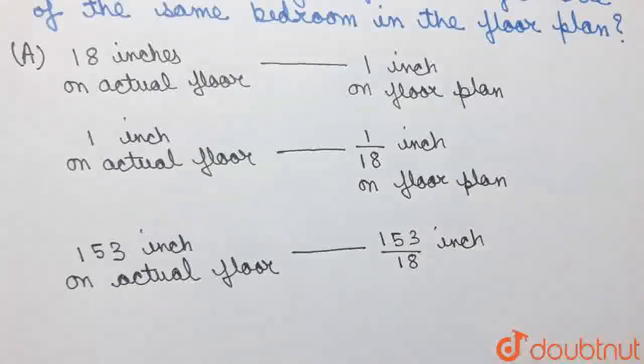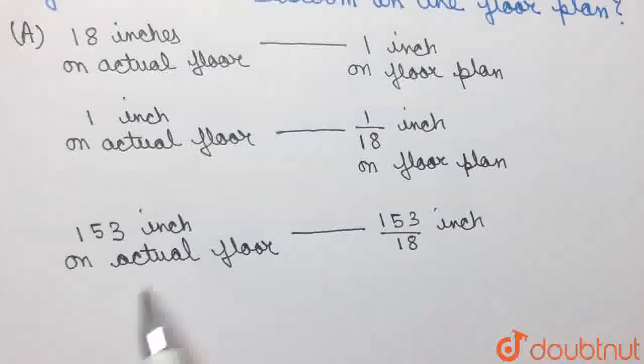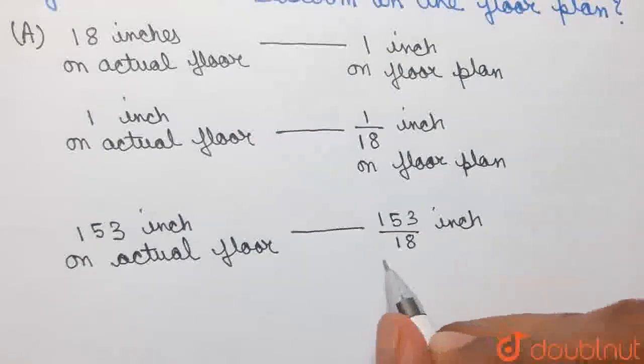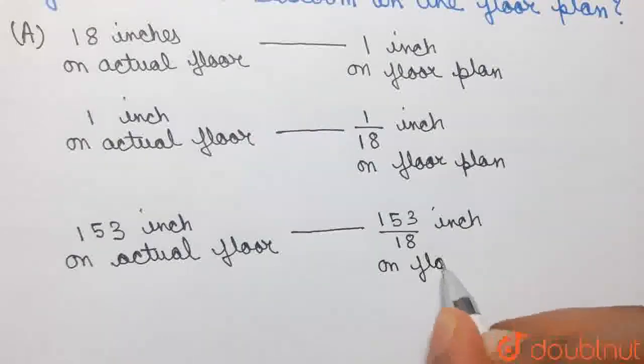So 153 inch on actual floor will be equivalent to 153 by 18 inch on the floor plan.